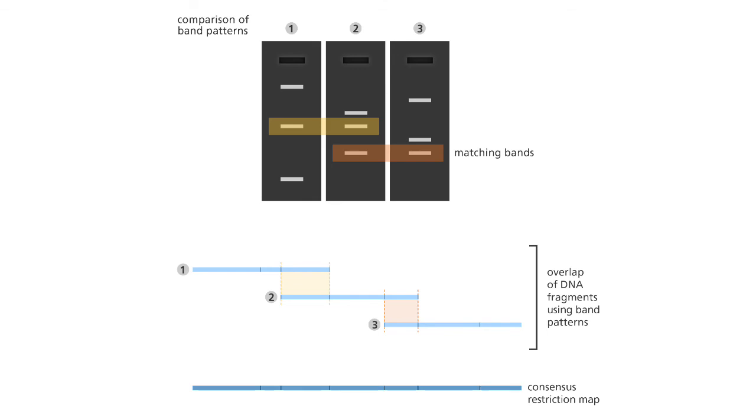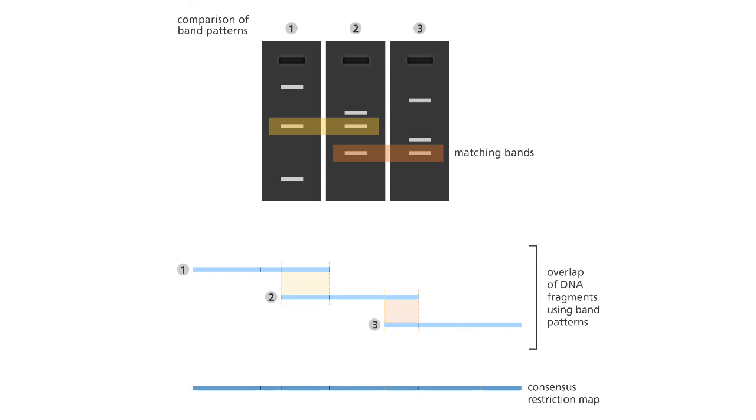So two inserts that share sequence will have corresponding fragments after restriction enzyme cutting of the same length and sequence. That means you'll have overlapping bands in your gels between insert 1 and insert 2.